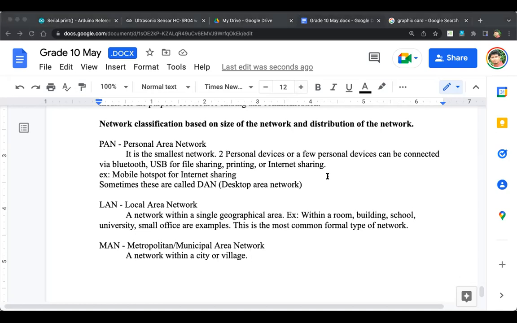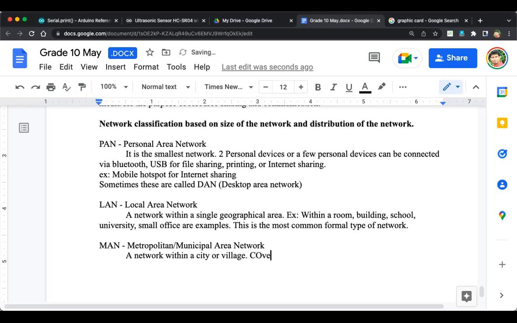So here in your book, metropolitan is a combination of several local area networks which cover less than 16 miles. Example, including banking network, institutes and universities with branches. So it is less than 16 miles.